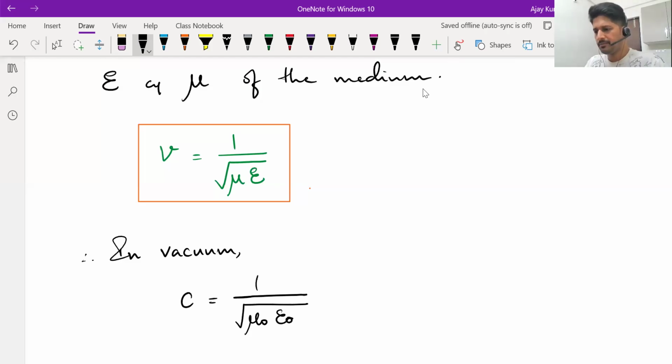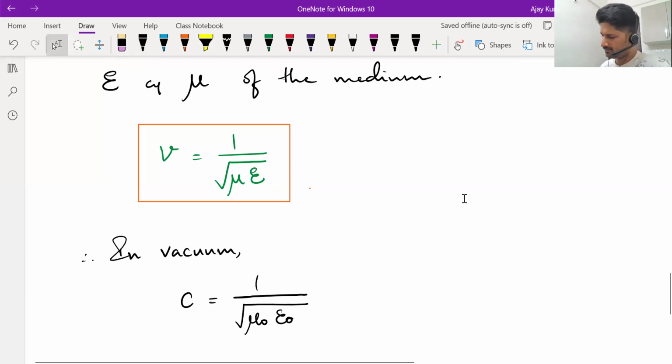So remember, generally speed of wave depends on properties of the medium. Speed of electromagnetic wave depends on permittivity and permeability of that medium.